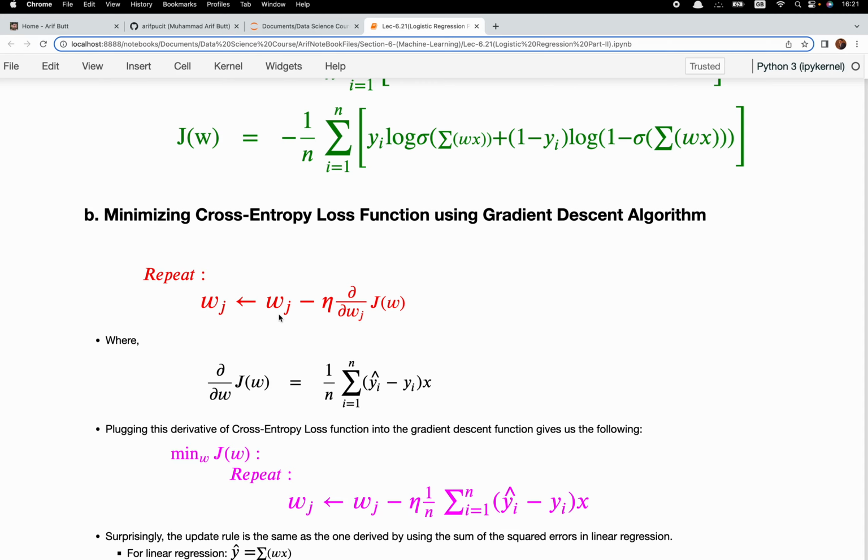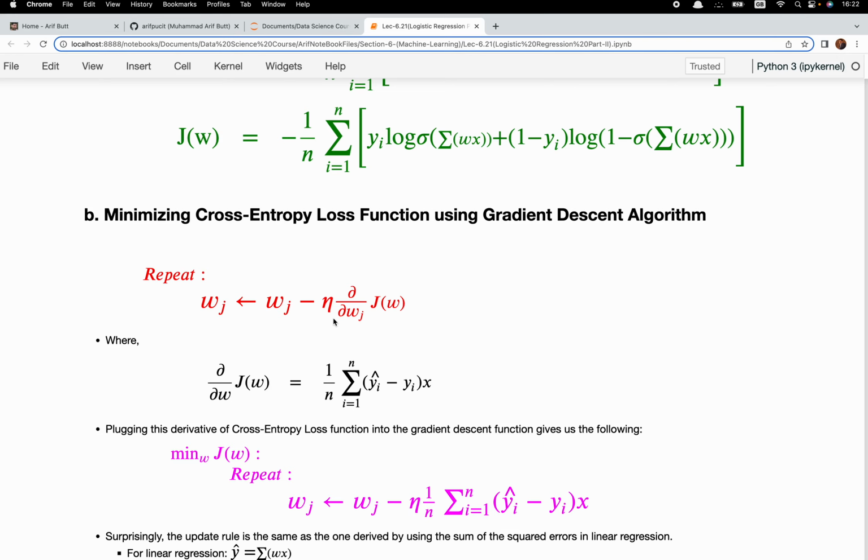And to minimize our cost function, we repeatedly update each weight as itself minus the learning rate times the derivative term, where learning rate eta is a hyperparameter, and if you keep its value too high, the updates will be in large steps.